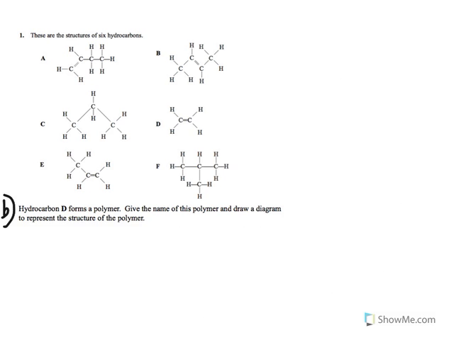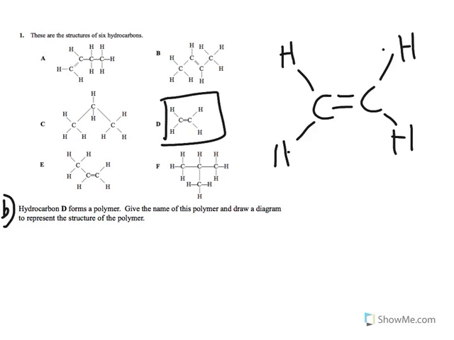Next, it says hydrocarbon D forms a polymer. Give the name of this polymer and draw a diagram to represent its structure. Hydrocarbon D is C2H4, so it's ethene. A polymer is basically a long-chained molecule, formed by combining many of these alkenes.